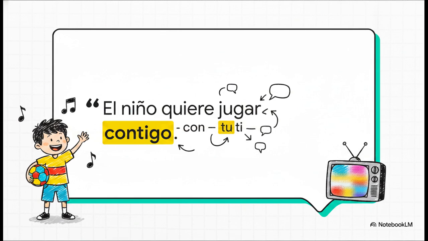El niño quiere jugar contigo. The little boy wants to play with you. Again, we want to say with you informally. We take con, we add ti, and boom, we get that beautiful, highly common fusion word contigo. Honestly, if you listen to any Spanish music or watch Spanish TV, I guarantee you are going to hear conmigo and contigo constantly.